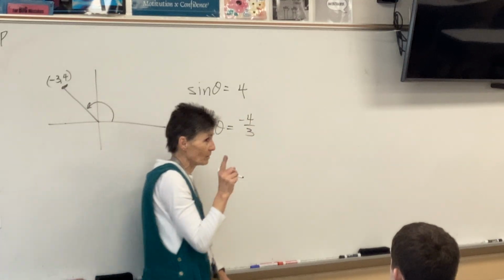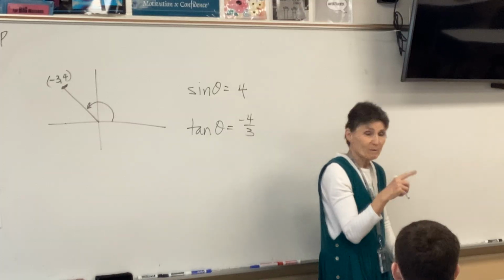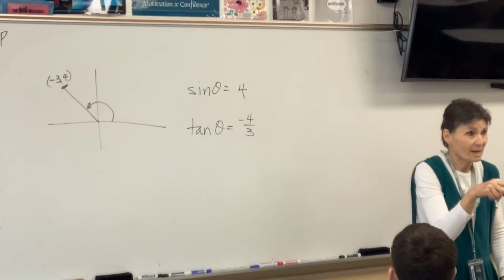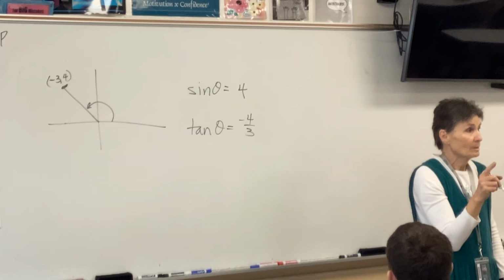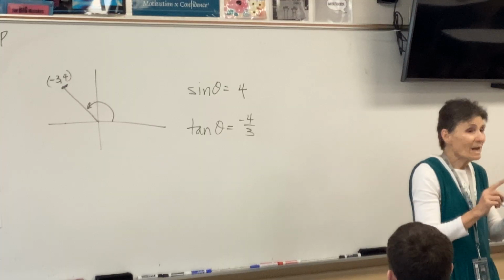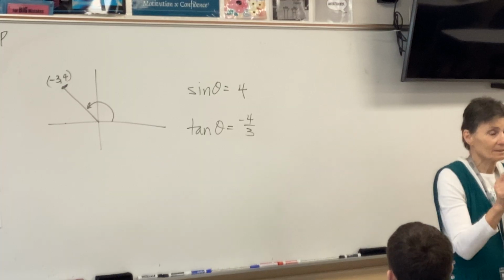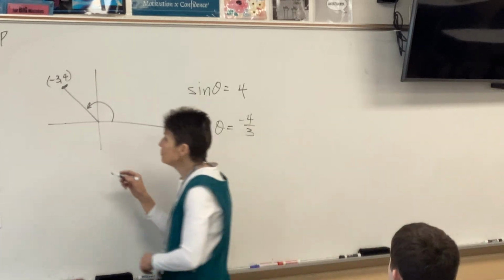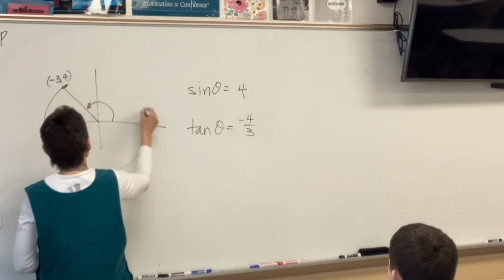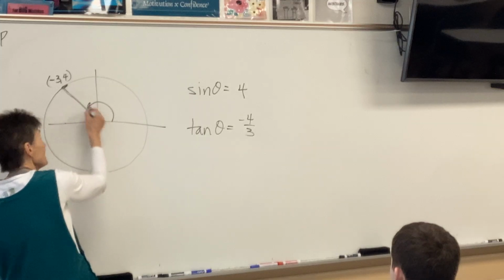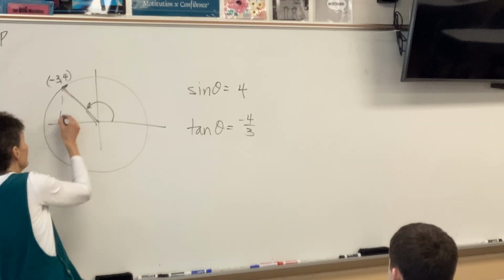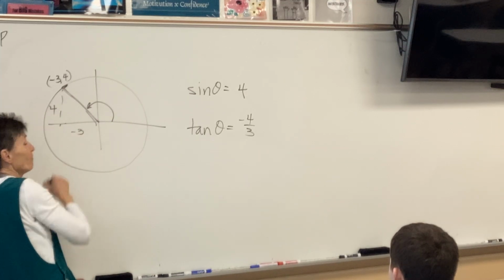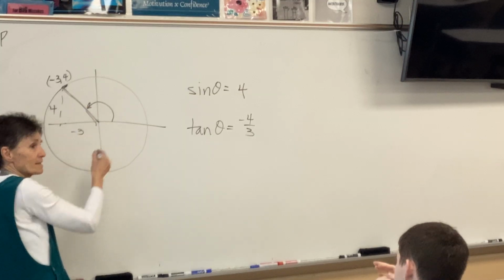I understand where that's coming from because we've talked about that sine is y. But wait a minute. When is sine exactly y in a unit circle? If you drew a circle through that point, is that radius 1? If we are over 3 and up 4, that radius is not 1.